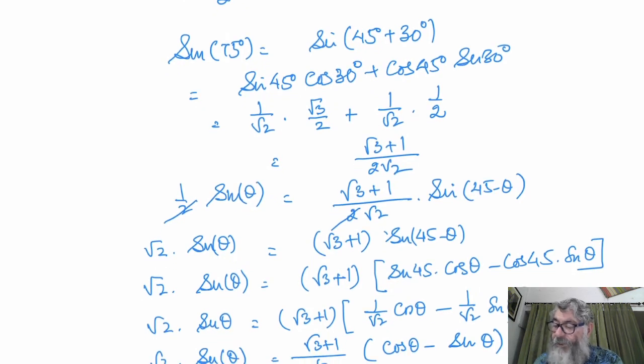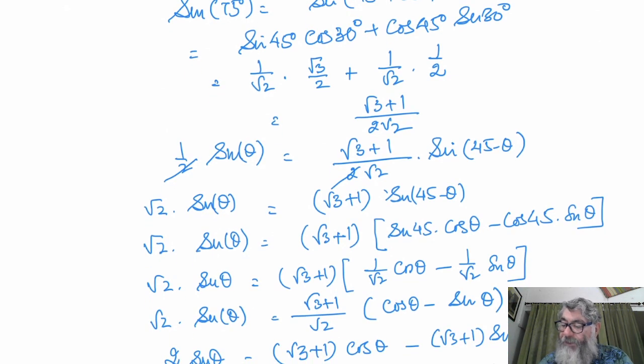Wherever we could cancel, we cancelled it. Sine 45 minus theta was written as sine A cos B minus cos A sine B, and because sine 45 as well as cos 45 both have 1 upon root 2 values, I took that common. So root 2 sine theta is equal to root 3 plus 1 upon root 2 into cos theta minus sine theta.